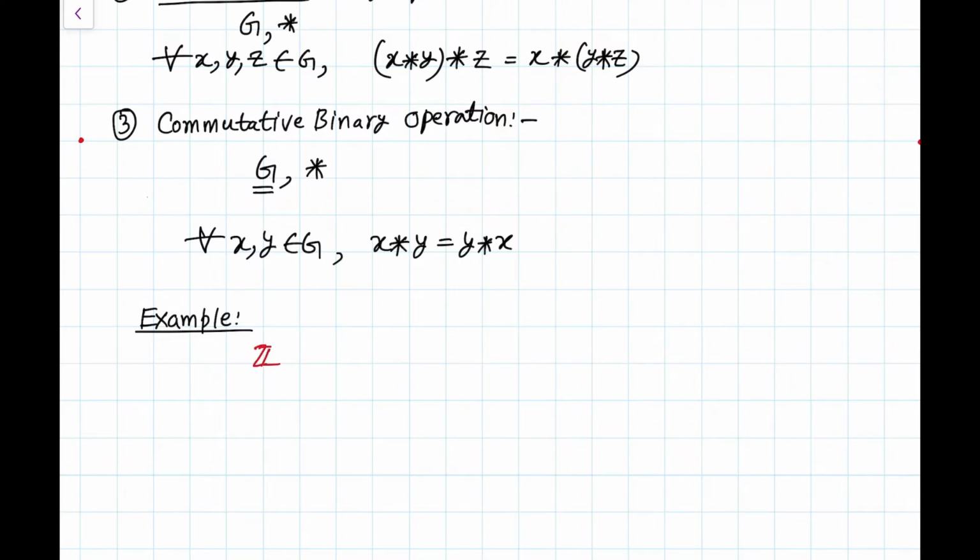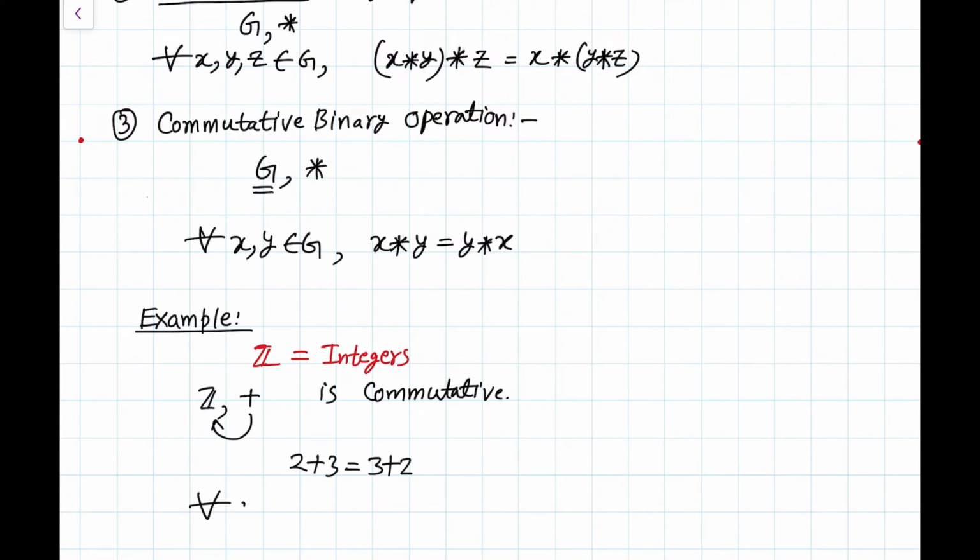Suppose we are taking the set of integers. Then addition on the set Z is commutative, because 2 plus 3 is equal to 3 plus 2.